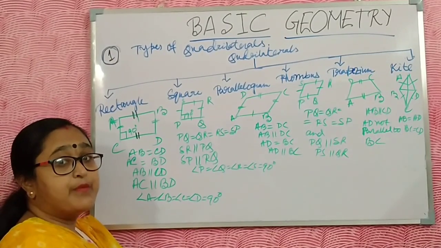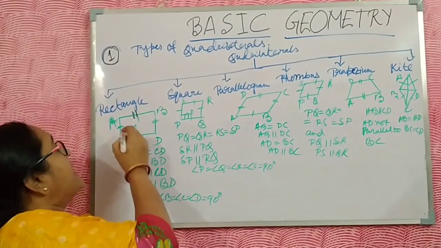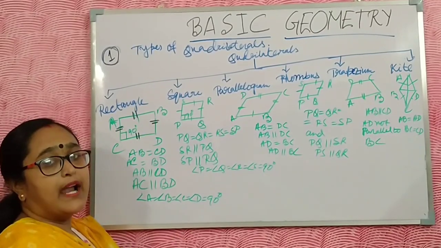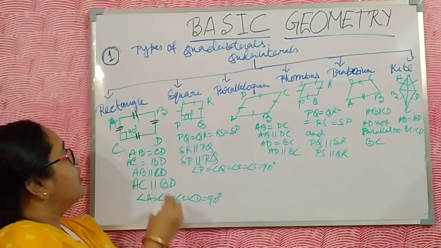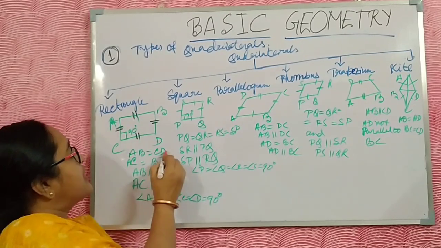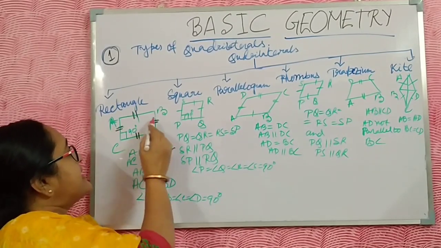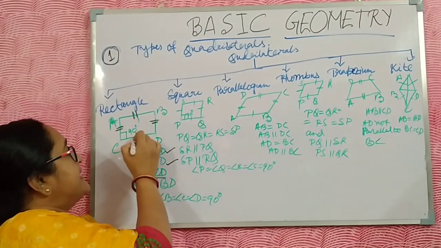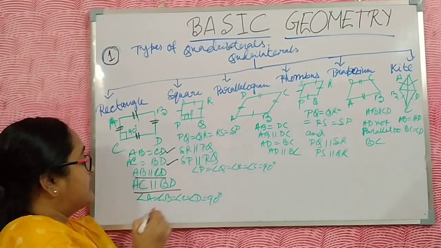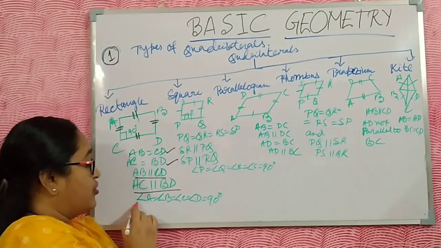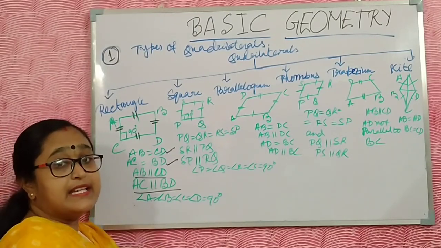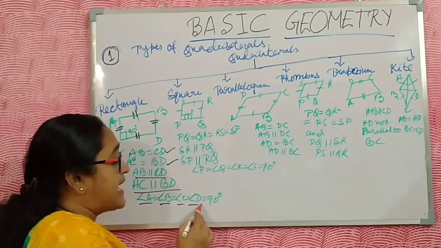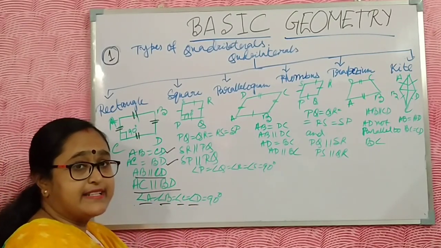Here I write AB is equal to CD and AC is equal to BD, and AB parallel to CD and AC parallel to BD. Also each angle is 90 degrees: angle A, angle B, angle C and angle D are 90 degrees.